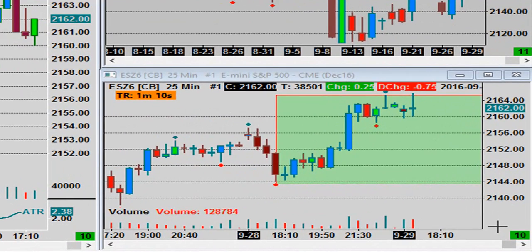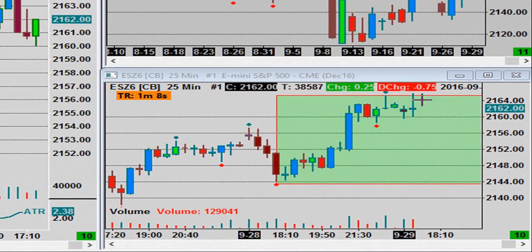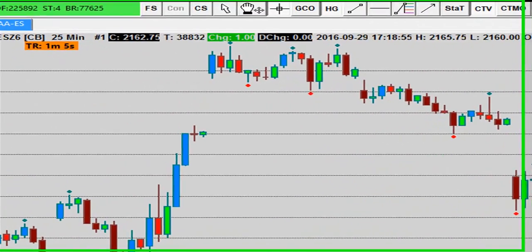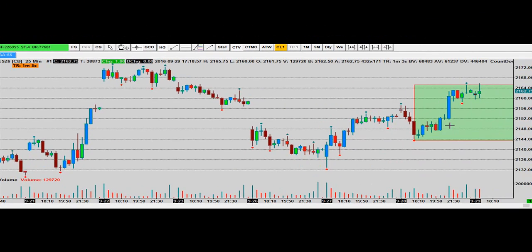I want you to look at the 25-minute chart I'm showing now to you, and something very interesting has happened here. As you can see, a trading range has been formed here by this low pivot and this high pivot.